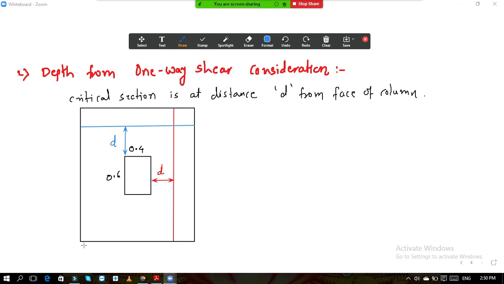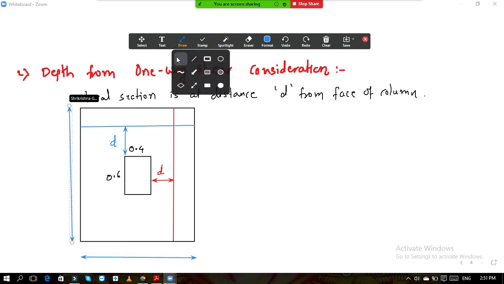Also we know how much is this total length. How much is this in x direction?